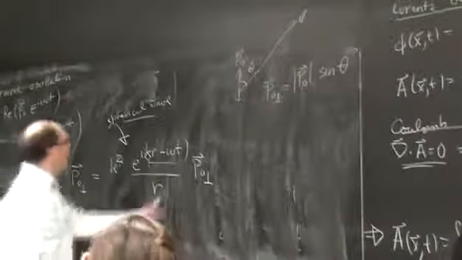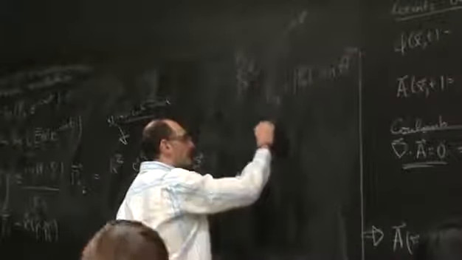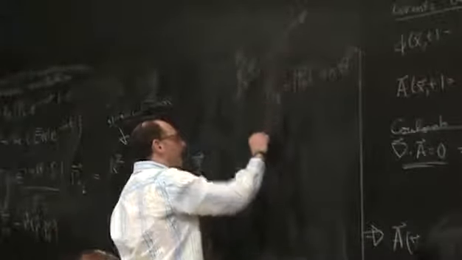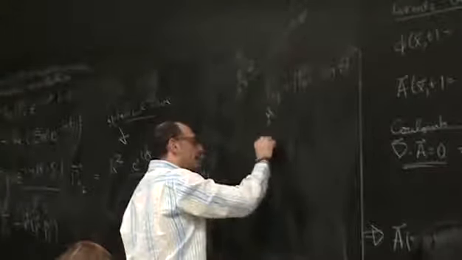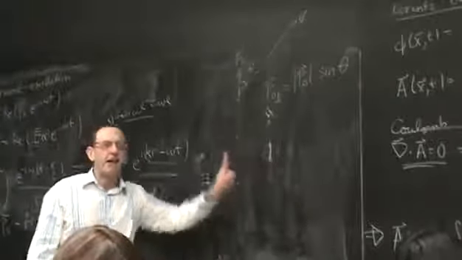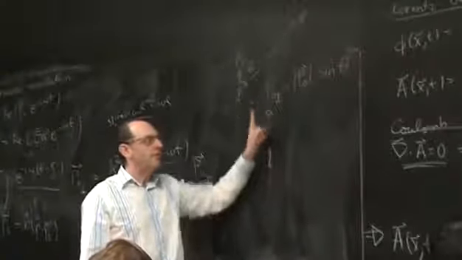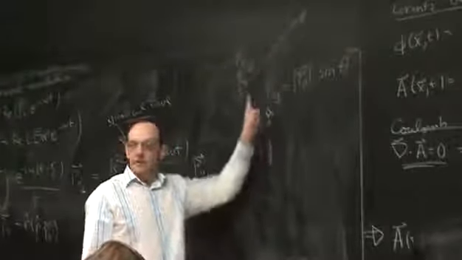So if I'm looking at it along the oscillation axis, there's no radiation because there's no way for it to be transverse. Sine of theta is 0.